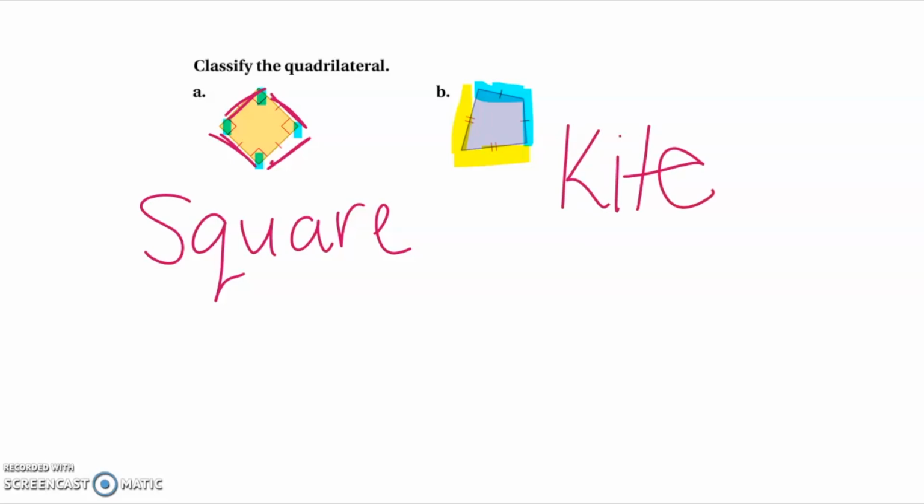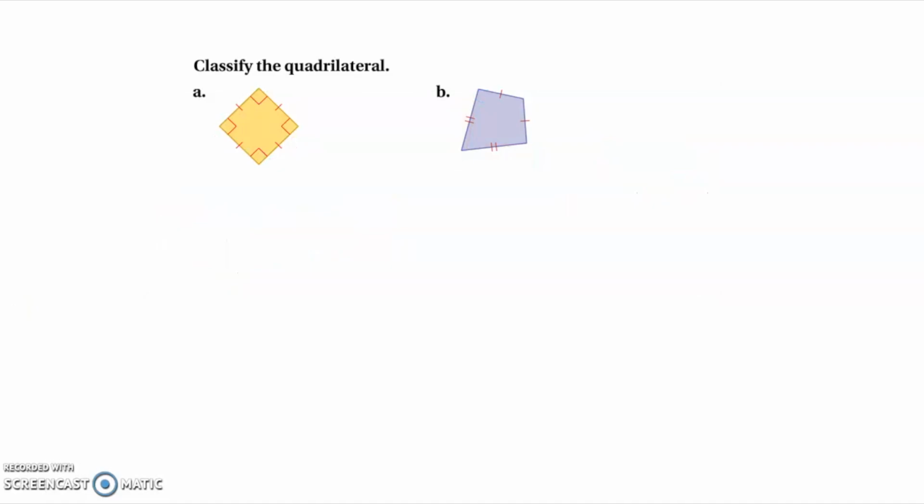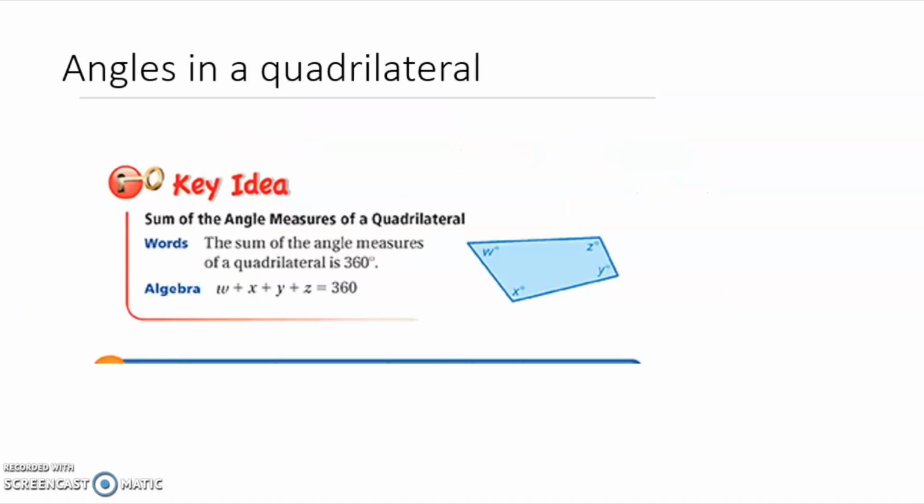Now there's one other thing that we want to talk about in quadrilaterals, and that is its angle measures. So we just talked about triangles and how they add up to 180 degrees. Well, in a quadrilateral, a four-sided shape, the angles add up to 360 degrees.